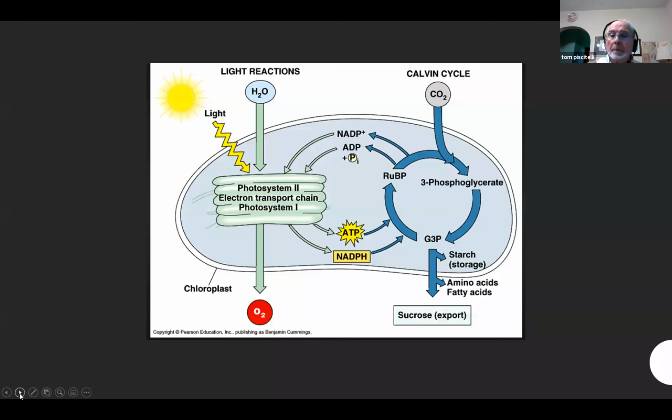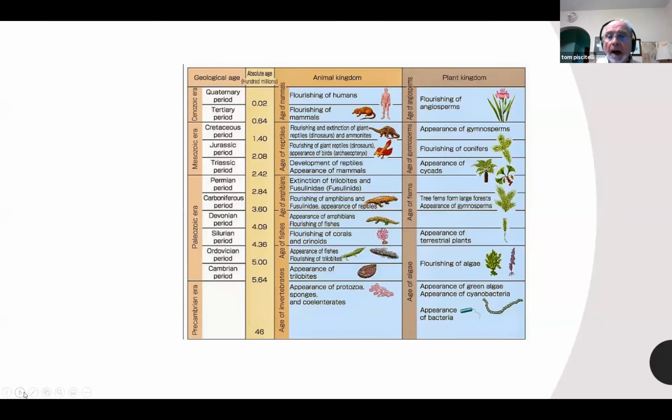The Precambrian period represents 80% of all geologic time. Oceans formed about 3.83 billion years ago. Bacteria with chlorophyll, cyanobacteria, and algae were the first plants.